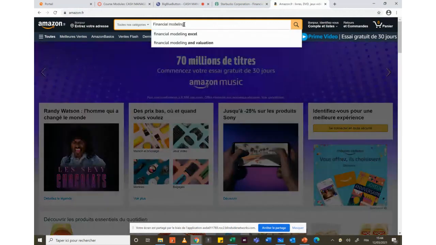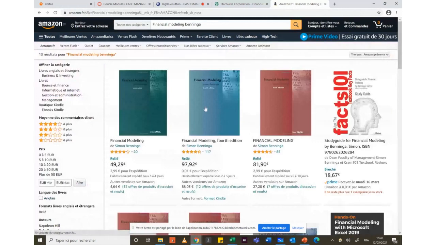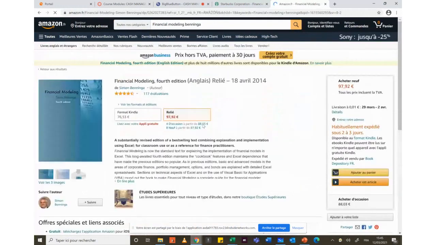Benninger. So I use this book, 4th edition, the last one, from MIT Press. So you can have this kind of financial model in this book, and you have Excel file on internet.